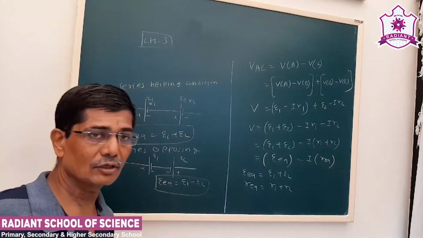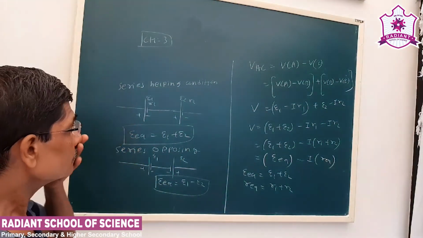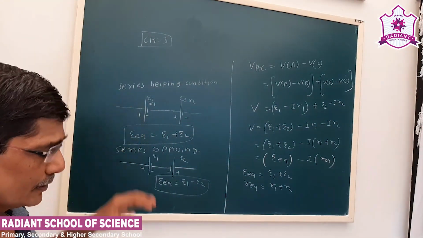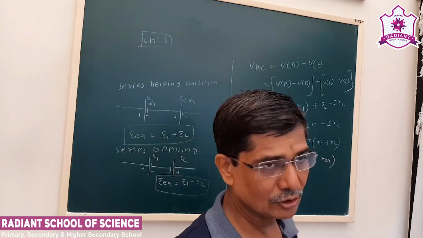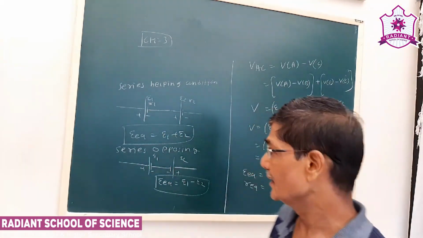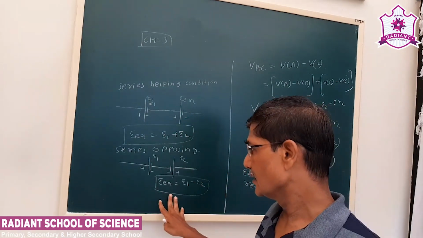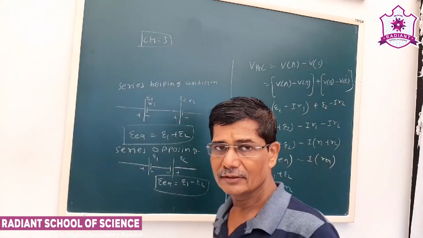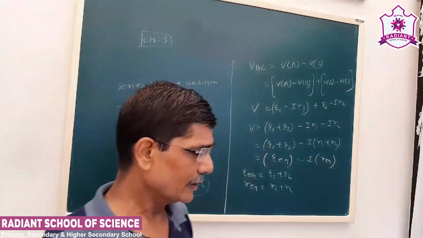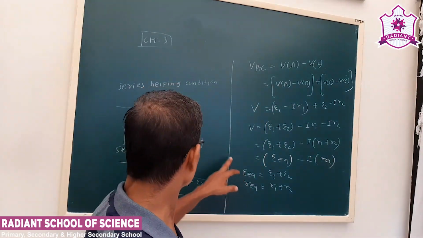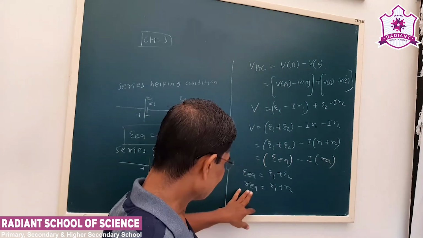Also, we saw the series connection of cells, in which the EMF is added. In the helping condition it will be the sum of the two EMFs. In the opposing condition there will be subtraction of the EMFs. The equivalent in the series connection of cells is E1 plus E2, and R equivalent.